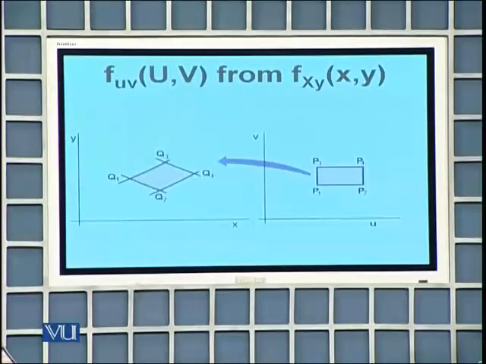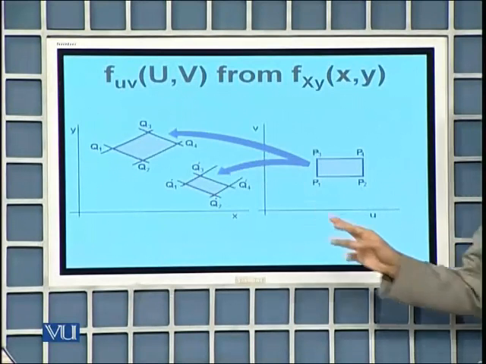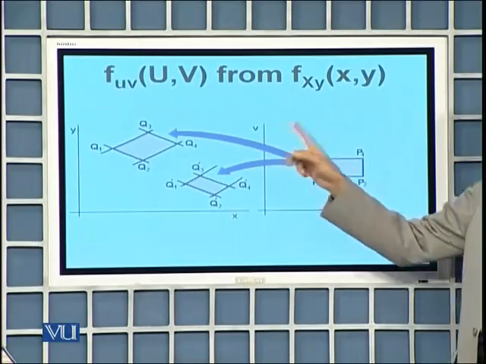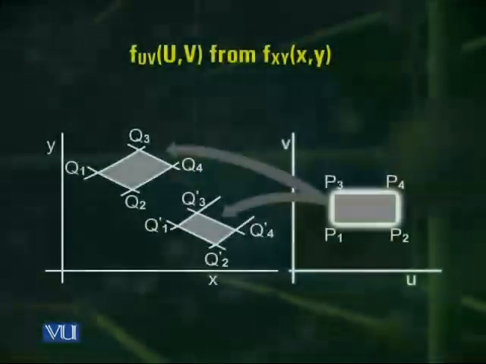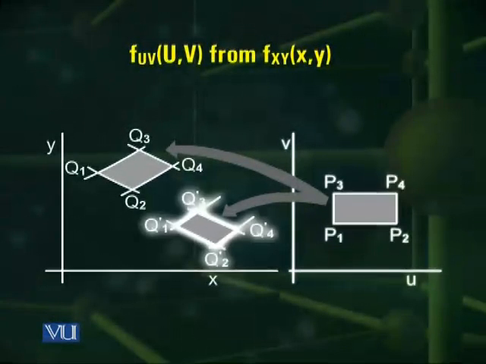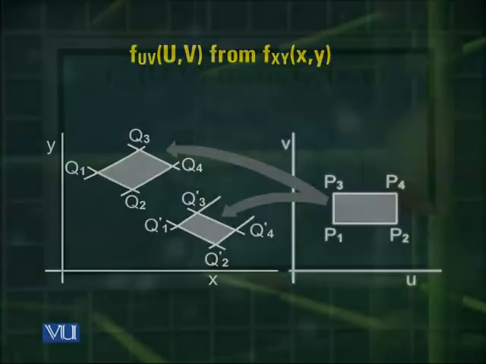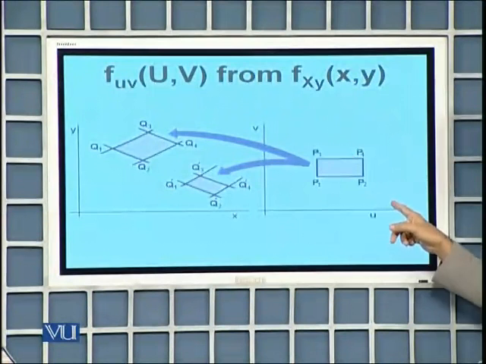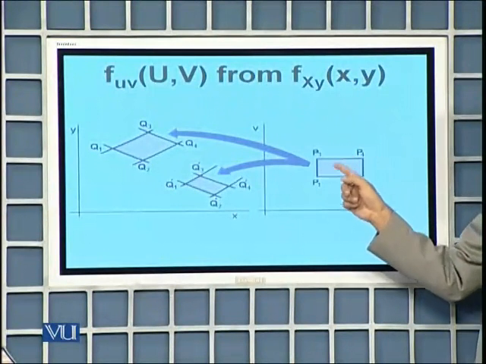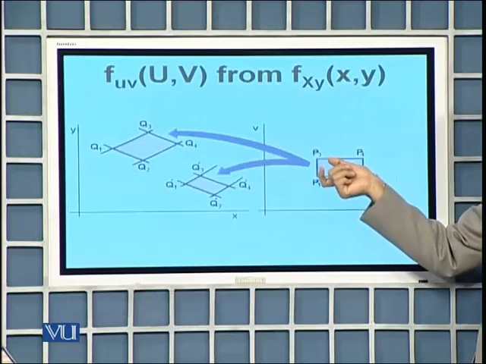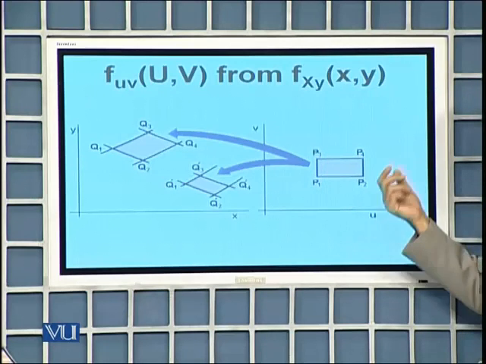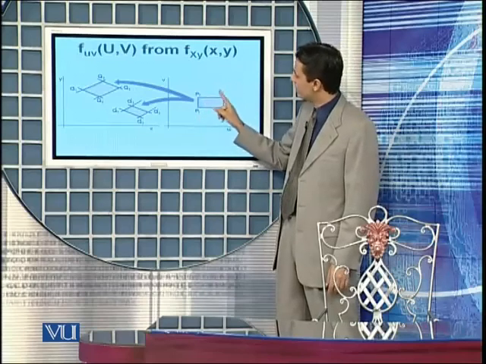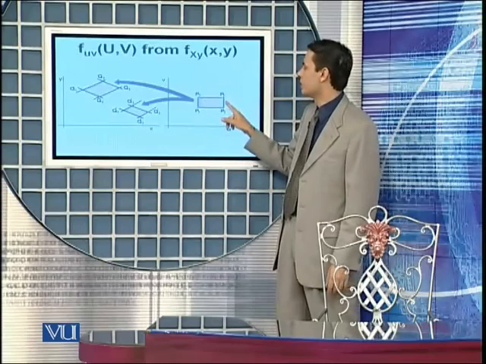Let's have a look at the next case where the mapping from xy to uv is not invertible. In that case, the inverse mapping of this rectangular region gives us 2 regions in the xy plane. And to find the unknown joint PDF of u and v over this uv plane, we again take a small rectangular region with both dimensions, height and width, much smaller than 1, so that it can be assumed that the joint PDF of U and V remains almost flat over this small region.